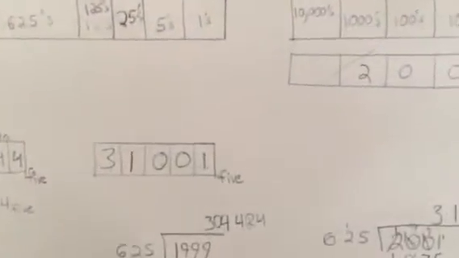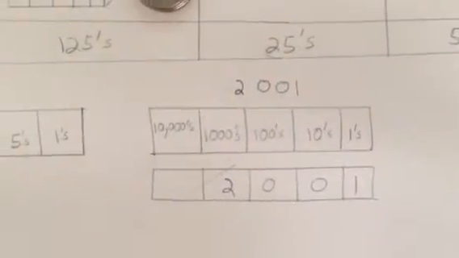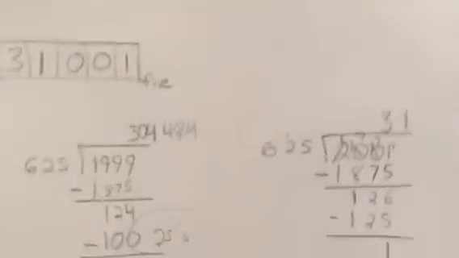So with the number 2001, the year 2001, we're going to write that in base 5. I already did the math.